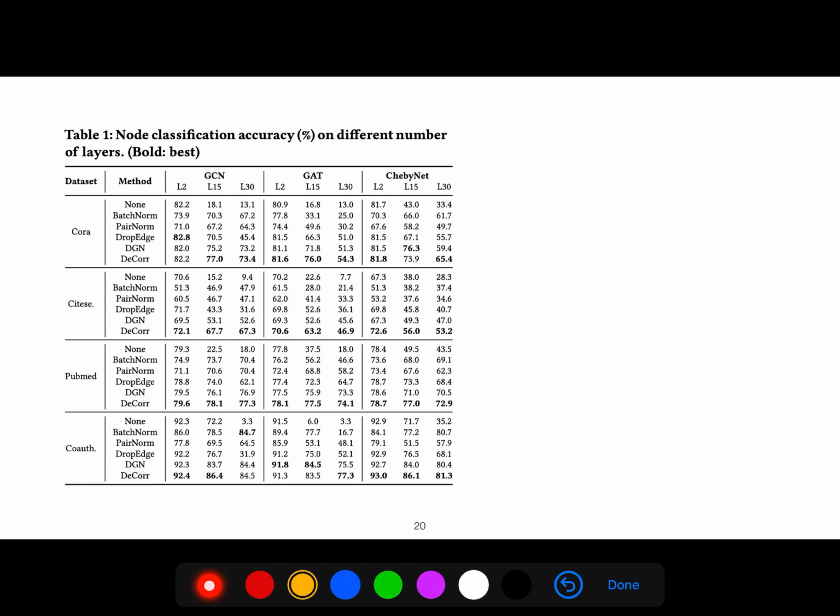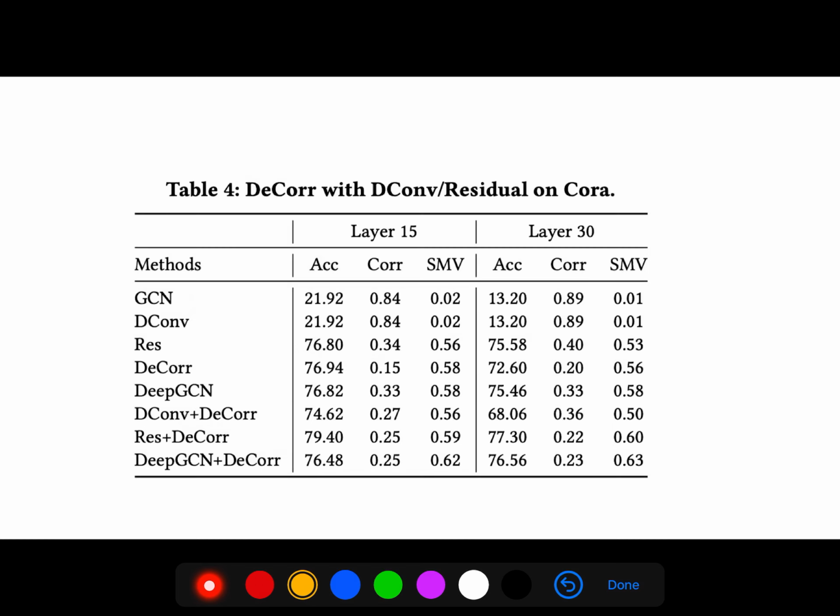And the results on Cora dataset show node classification accuracy on different layers. For example, if you have 30 layers, the accuracy here is even worse than when you have only 2 layers, because the over-smoothing and overcorrelation have been worsened. So it's interesting that it has a very bad effect on node classification accuracy.